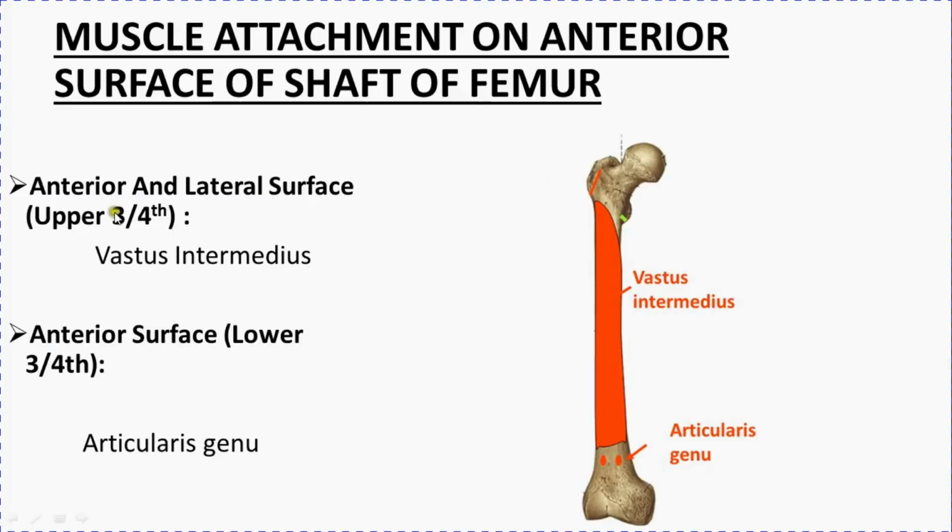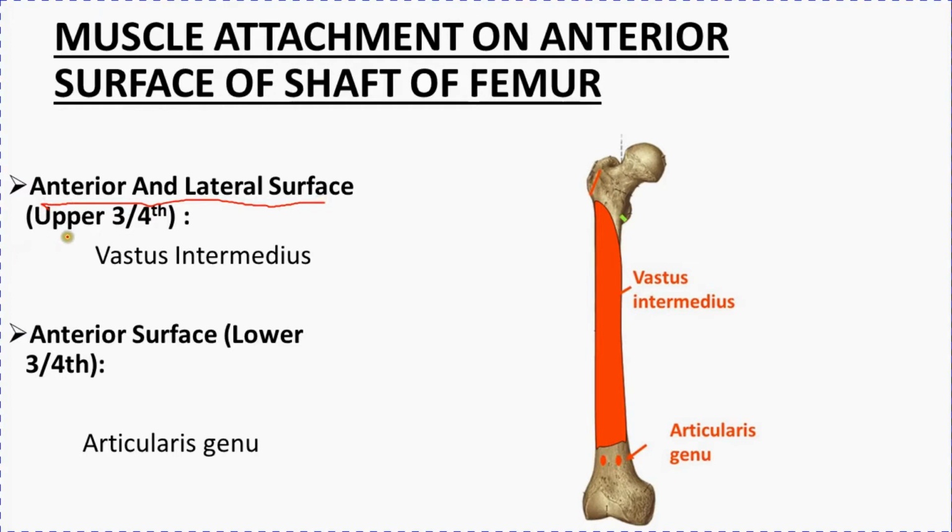The shaft of the femur has an anterior surface, a medial surface, a lateral surface, and a posterior surface. Now we will learn about the attachments. You can clearly see in the figure the anterior and the lateral surface.